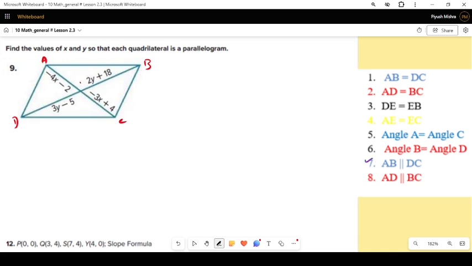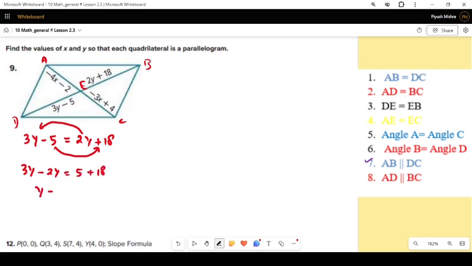I am writing this one, let us suppose E. Okay, so it will be telling you that 3y minus 5, this side and this side will be equal, is equal to 2y plus 18. Further solve it. So transfer this one over here and this one over here. So 3y minus 2y will be equal to 5 plus 18. Further solve it. So y will be equal to 23. Finish. Okay, so I got the value of y.